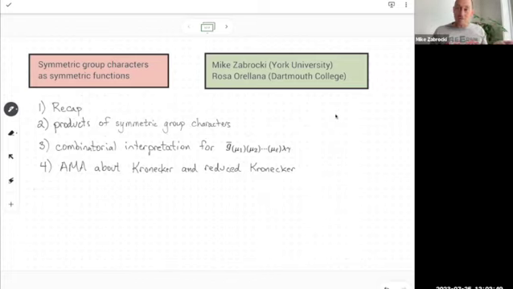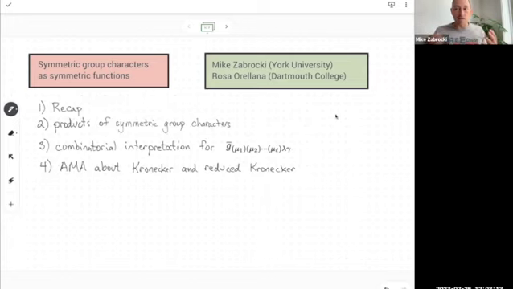I'm going to talk about now that you've got these bases of symmetric functions, you will really want to work on the product because, hey, the product encodes the reduced Kronecker coefficients, or at least I haven't proven that yet, and I will.